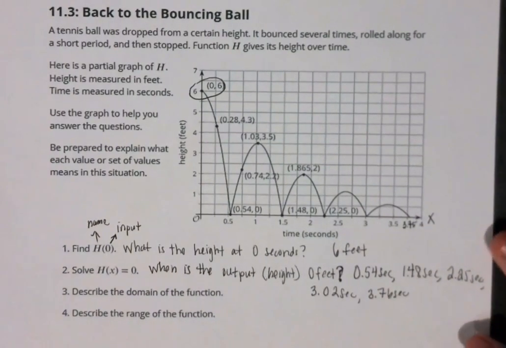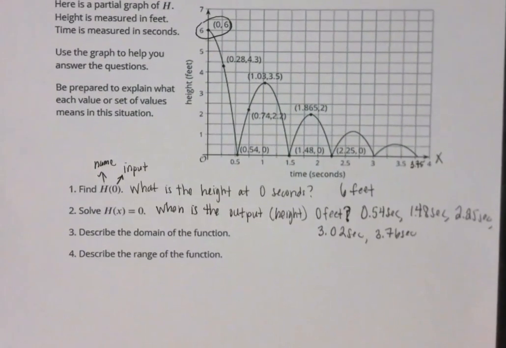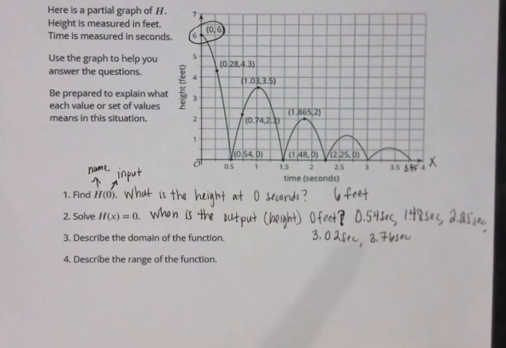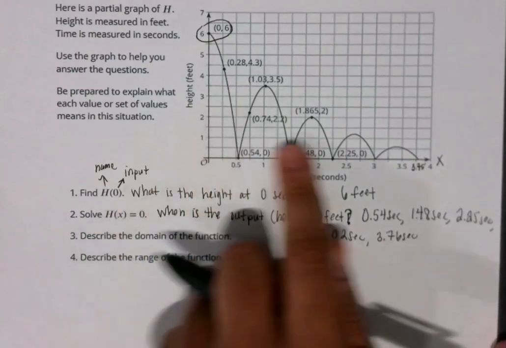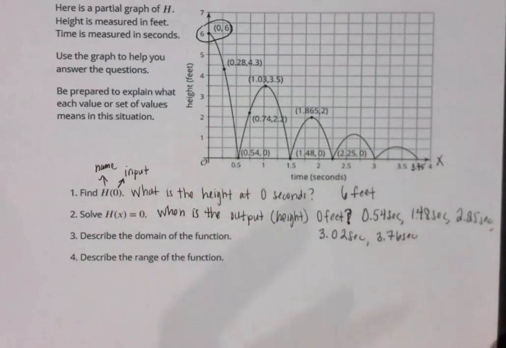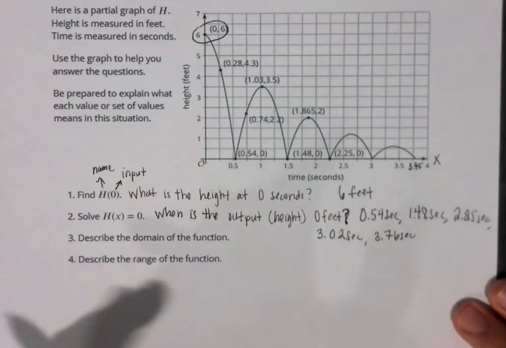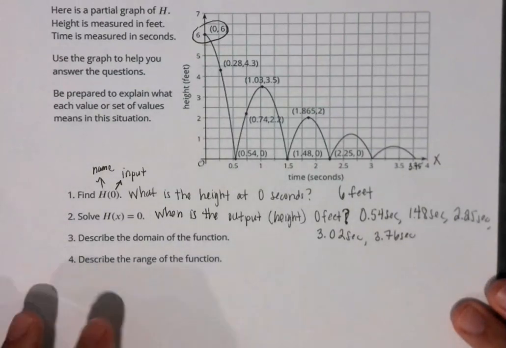Now, numbers 3 and 4 are talking about the domain and the range of the function. So when it's asking about the domain, it's asking about a reasonable time, because domain is the x values or the inputs of the function that can happen. So we have to ask ourselves what times are possible for this tennis ball.